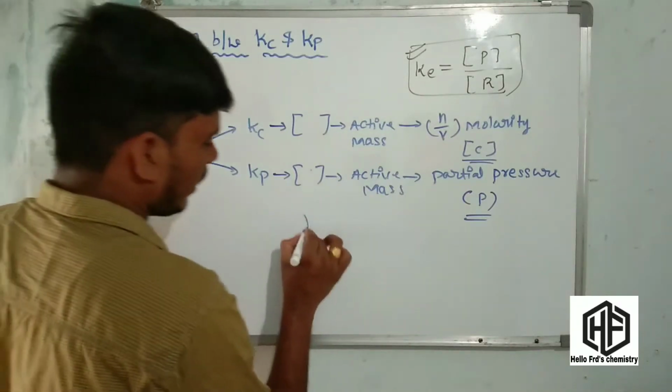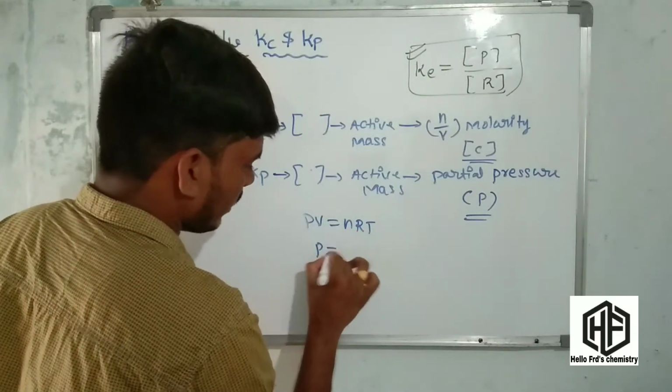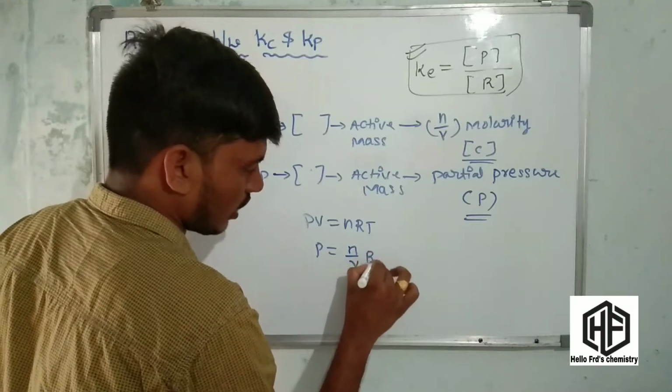You know that for an ideal gas PV equals nRT, so P equals n by V into RT.